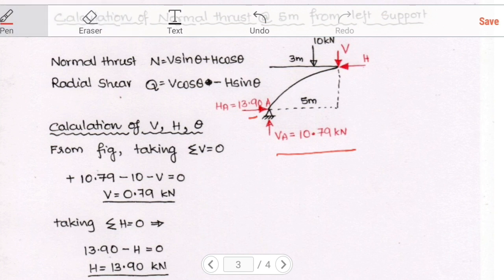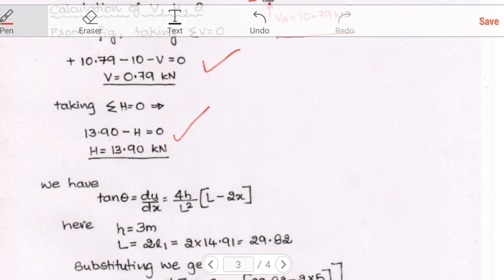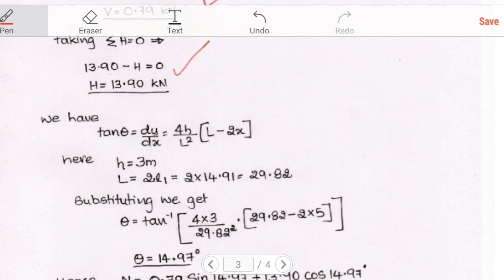We will get 10.79, that is VA moving upward, minus 10 which is acting downside, minus V also acting downside. This should be equal to 0, hence we will get V is equal to 0.79. Similarly, if I apply summation of horizontal force equal to 0, directly I will get the answer for H as 13.90 kilonewton.